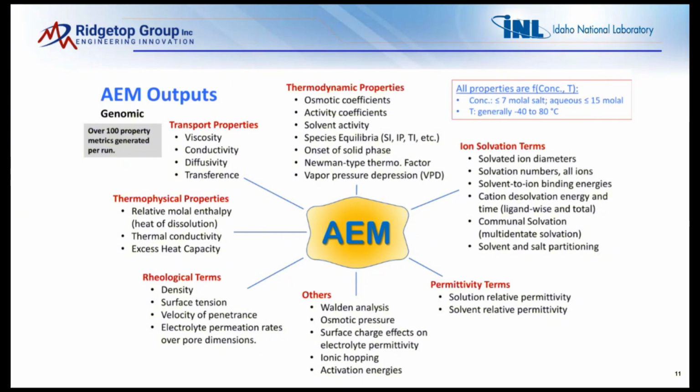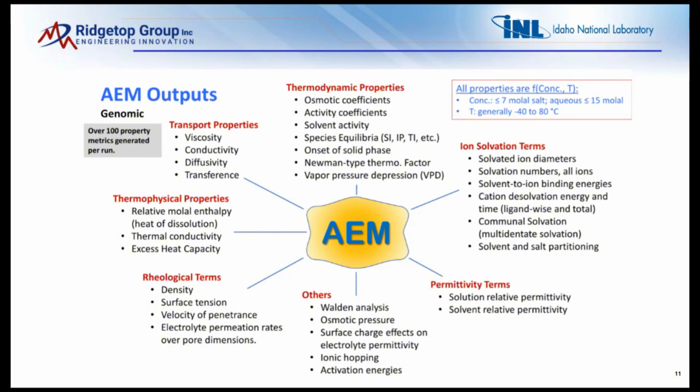And then as we go around, I'll hit upon a few things here. Things like Walden analysis and osmotic pressure, surface charge effects can also be obtained through the model. And then under rheological terms, we have density and surface tension, permeation of the electrolyte through different pore dimensions.